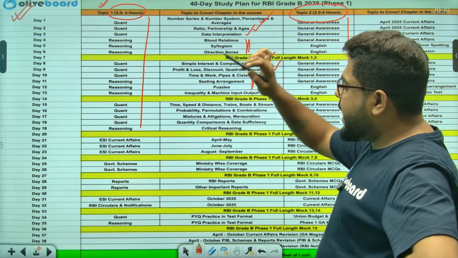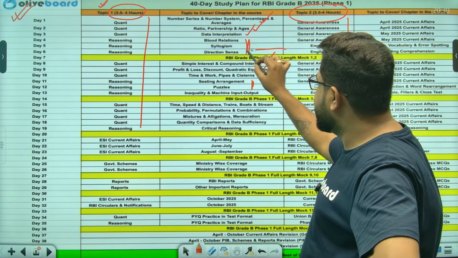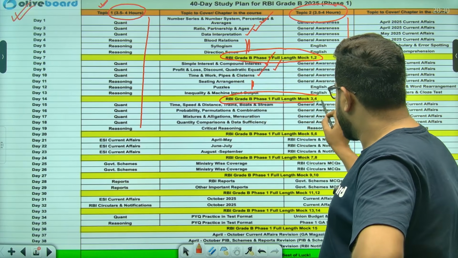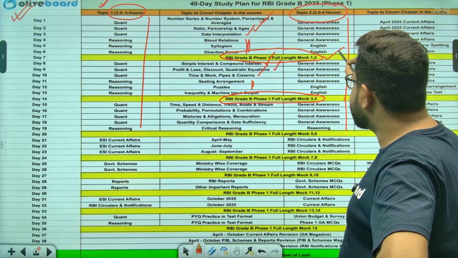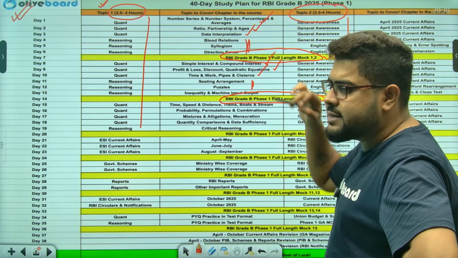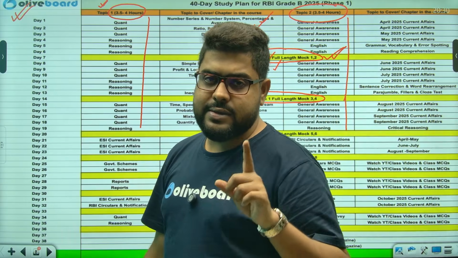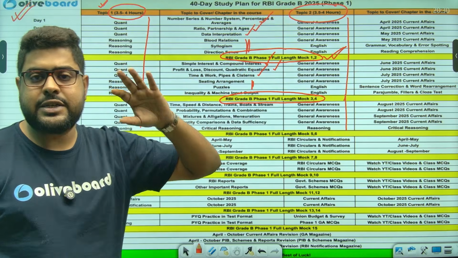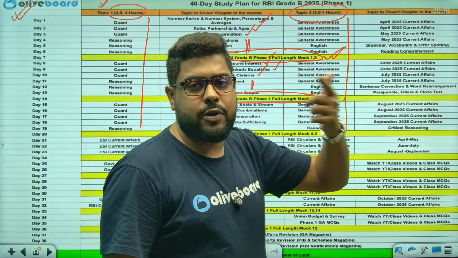And again, every week, if you can see, 2 mocks we have kept. Now again, you might have this question, sir, after covering only this much, should we take a mock? Yes, because only then you will observe the progression, whether you are making any progress or not.